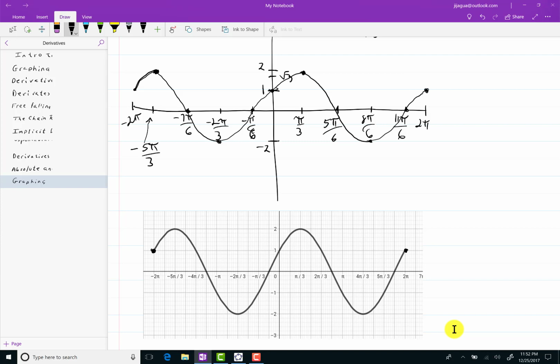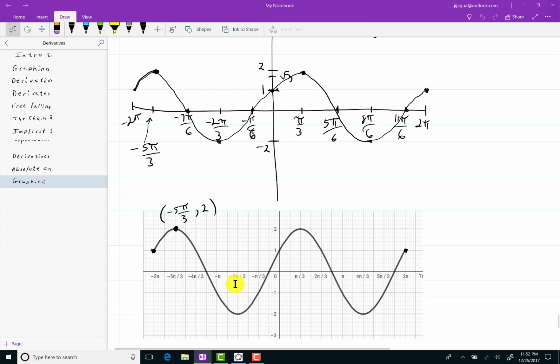Let's check my other things out and see how they worked out for me. I have what looks like here a maximum at negative 5 pi over 3 comma 2. On my graph, negative 5 pi over 3 comma 2. There is a local and absolute max. Then what else do I have?